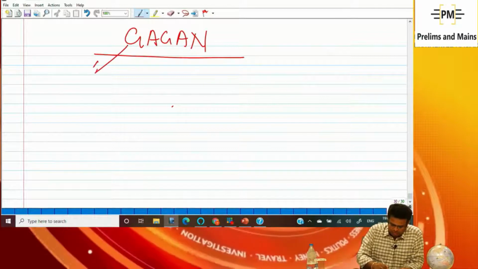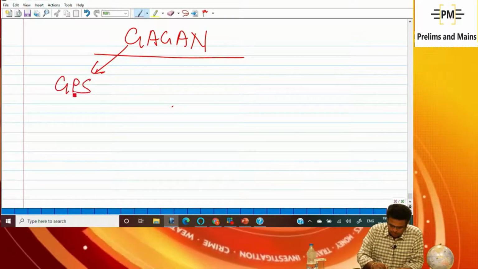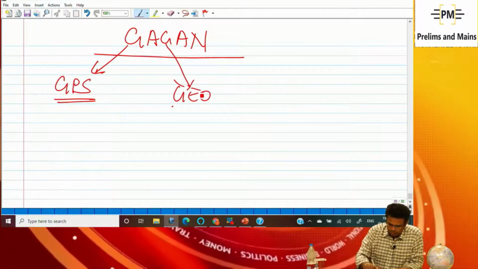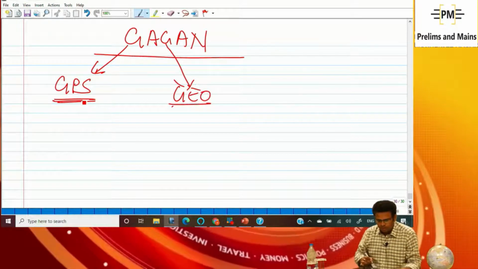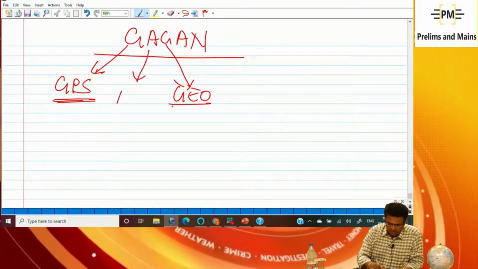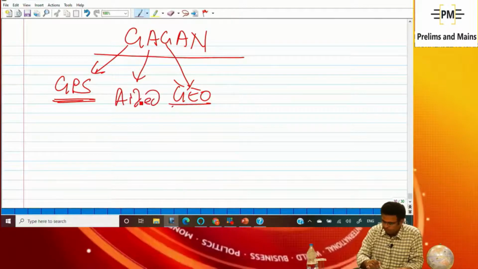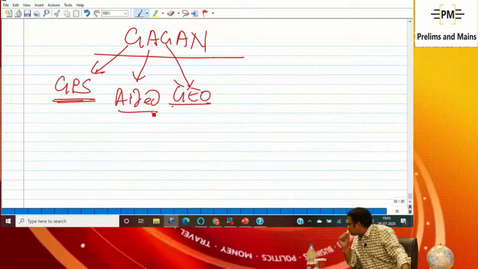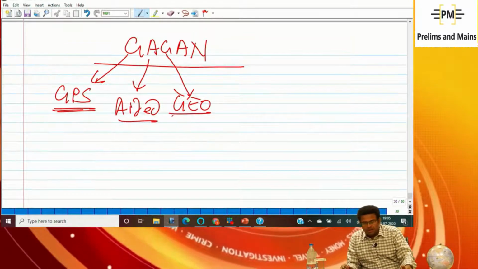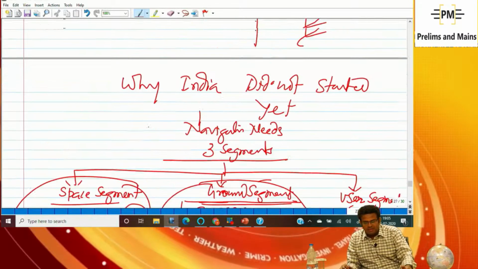This G for GPS, this G for geo, and I said that A for added, that is not clear to us yet. So where do we say what is the extended service area?